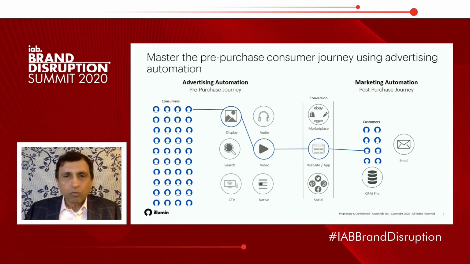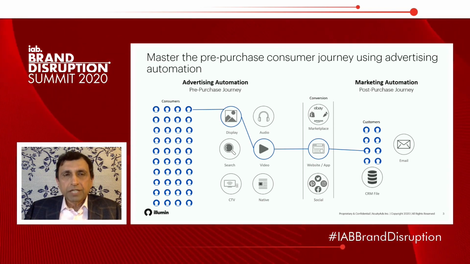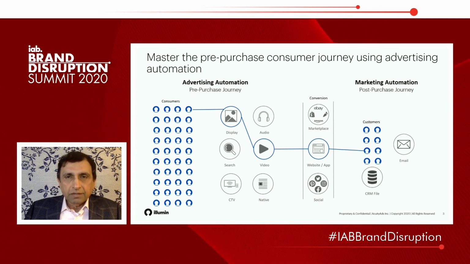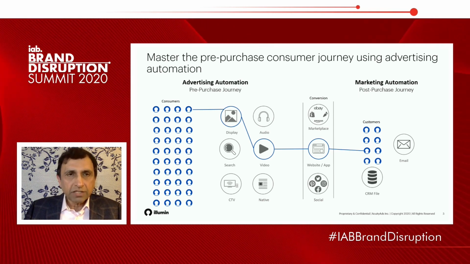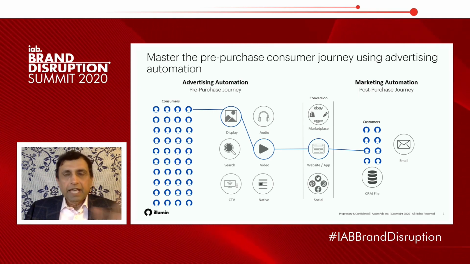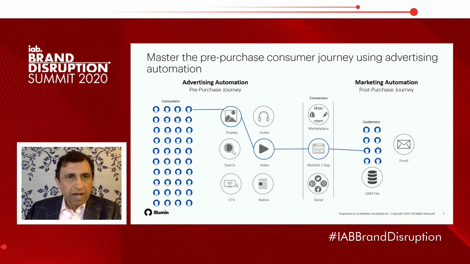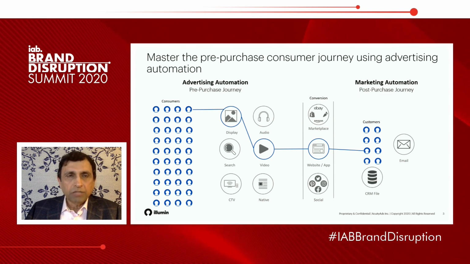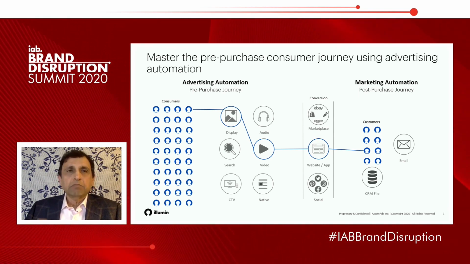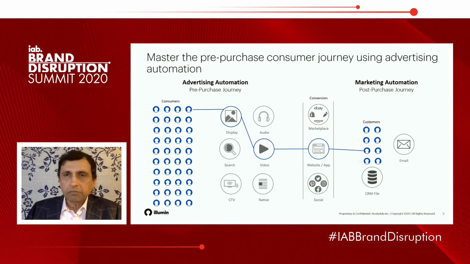All right, if that's the case, what does it mean, customer journey? Where does it begin and where does it end? Traditionally, it's about two different blocks of where the consumers are. One is before they have done any transaction with you as a brand, and then if they do in fact transact with you, they become part of your customer file. Marketing automation generally deals with post-purchase, which is essentially building the relationship, building the loyalty, building the lifetime value.